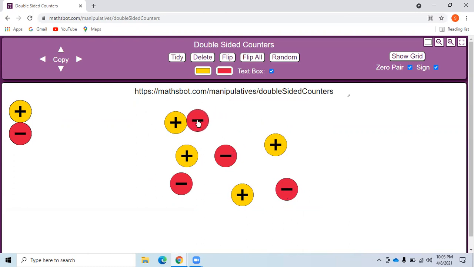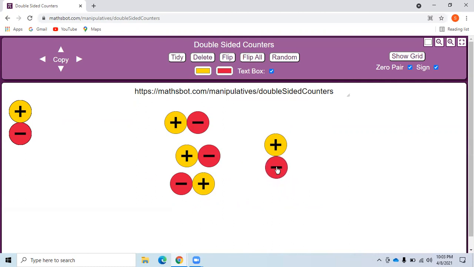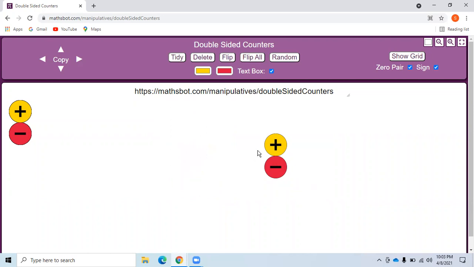I just rearrange my counters so that I have a positive and a negative together. And I have now made 4 0 pairs. If I want to check it, 0, 0, 0, 0.